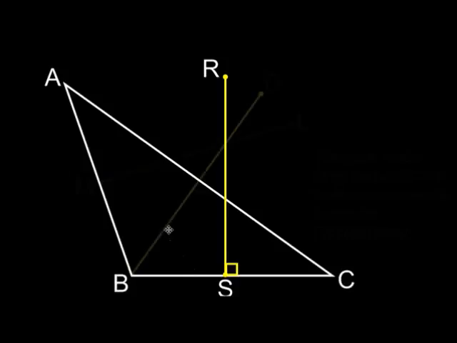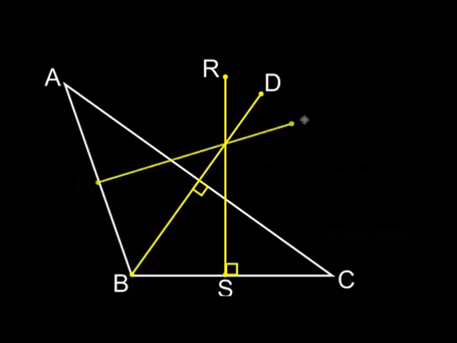We also will have BD, because this is the midpoint of AC, and it forms a 90-degree angle. And lastly, we also have LM, because M is the midpoint of AB, and it forms a 90-degree angle. So all three of those, RS, BD, and ML, are perpendicular bisectors.